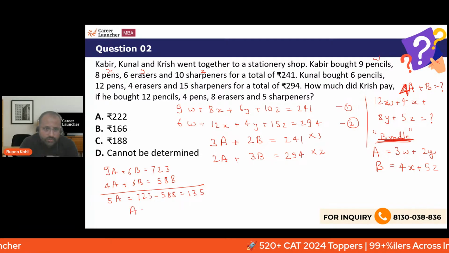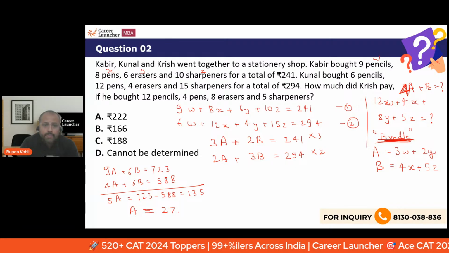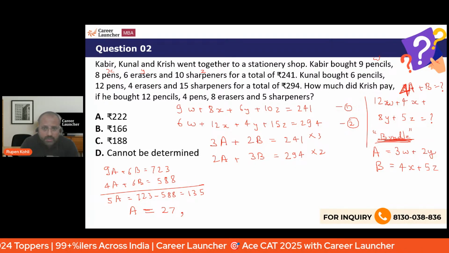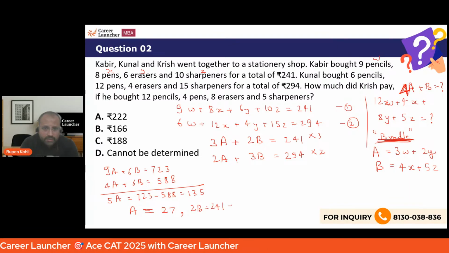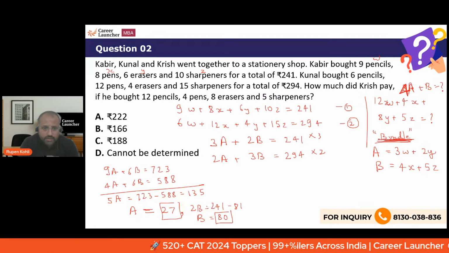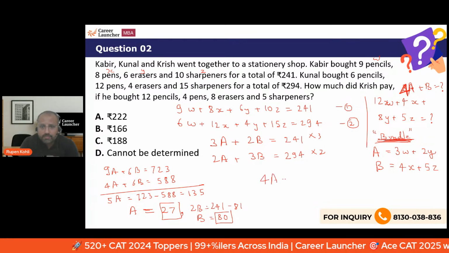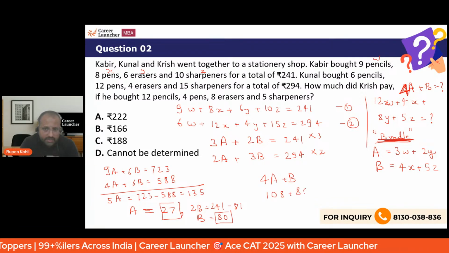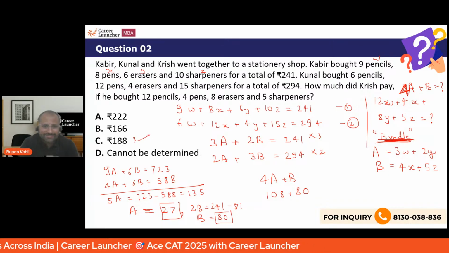So A has come out to be 135 by 5, which is 27. And put it back in any equation. So come back to the first equation over here. 2B is 241 minus 3A, which is 81. So this is 160. So 160 upon 2 is 80. Perfect. So B is 80, A is 27. So the answer is the value of 4A plus B, which is 4 into 27 is 108 plus 80 is 188. Perfect.